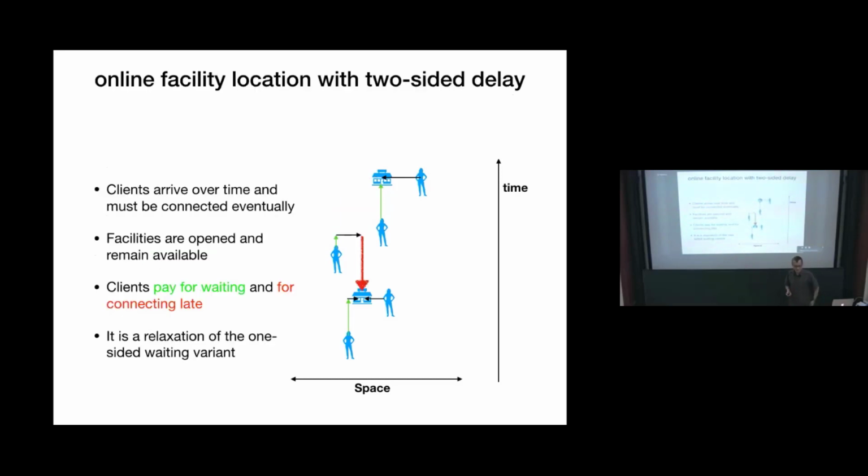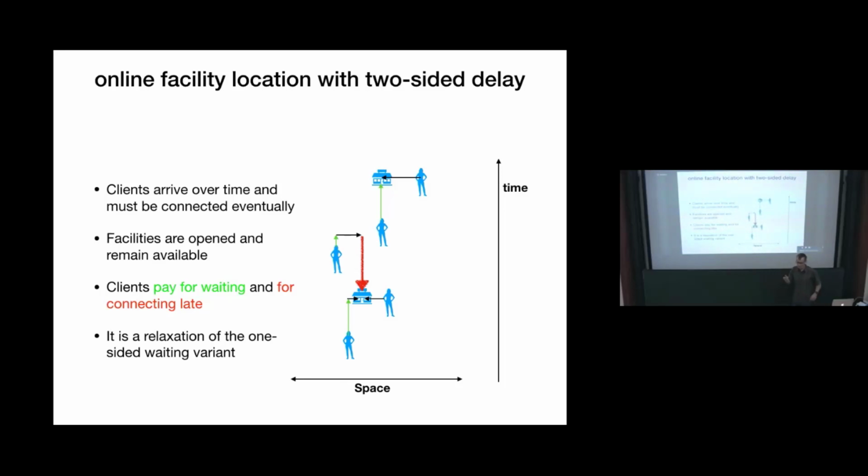And here comes the modification. I would like to allow what you could call late connections. So time goes up. I decide to open this facility for the two clients. And later, another client wants to connect to a facility previously opened.